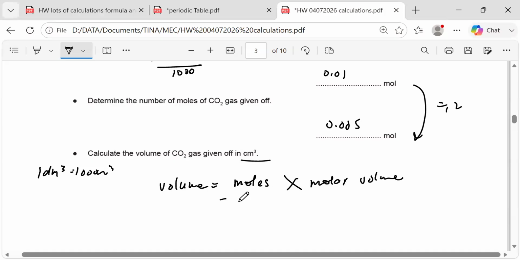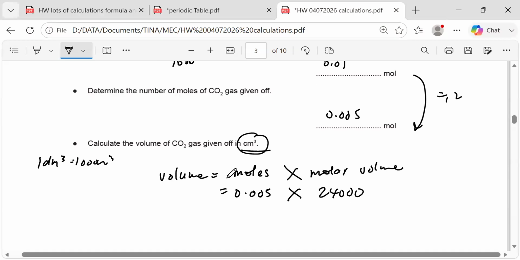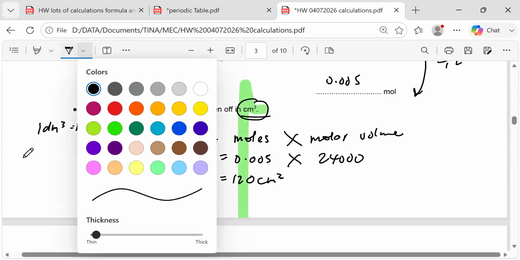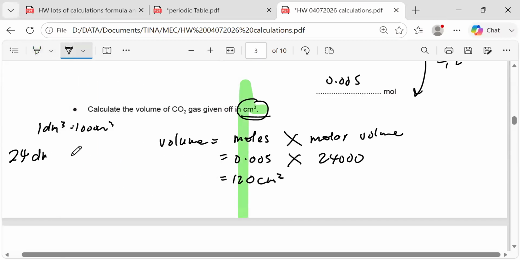Open eyes big. 0.005. Centimeter cube, you need to multiply 24,000. So you get 120 centimeter cube, because the question is asking you in centimeter cube. 24 decimeter cube is the same as 24,000 centimeter cube.